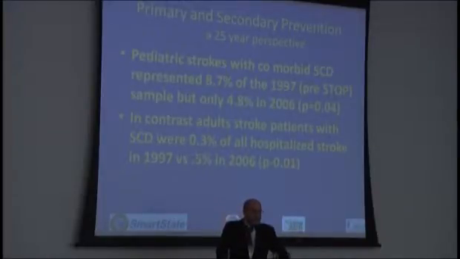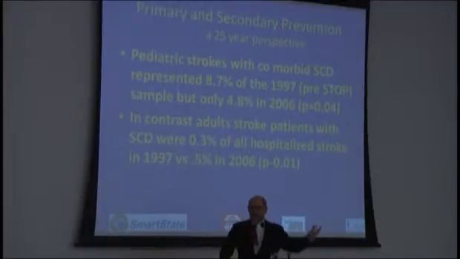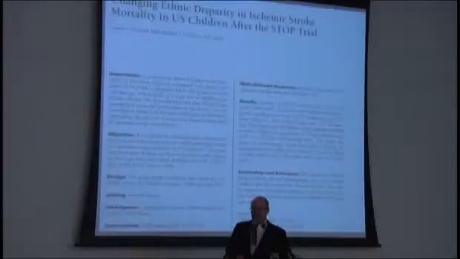In contrast, sickle cell disease is playing an increased role in adults with stroke. More adults with stroke have sickle cell disease now than before. So the problem, as we expected, as we prevent stroke in children, we're going to accentuate the need to know more about what's happening in adults.